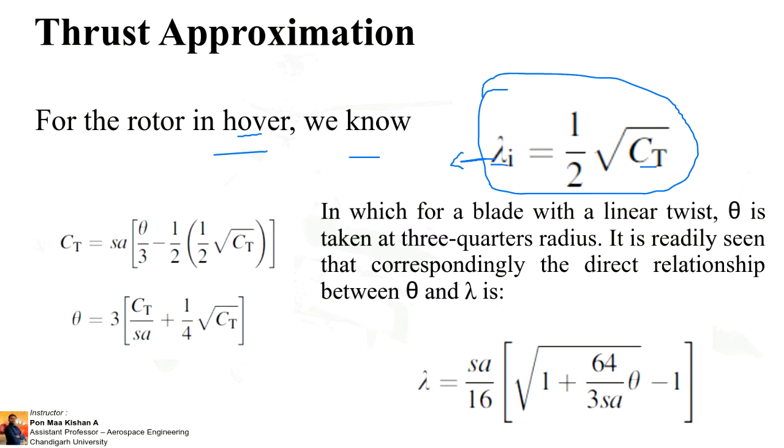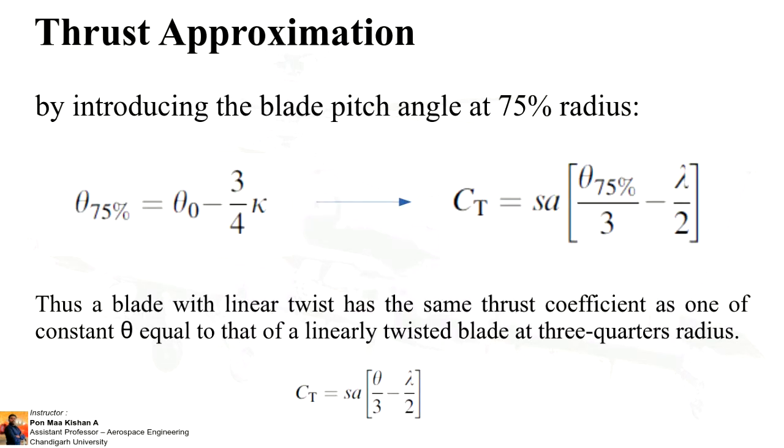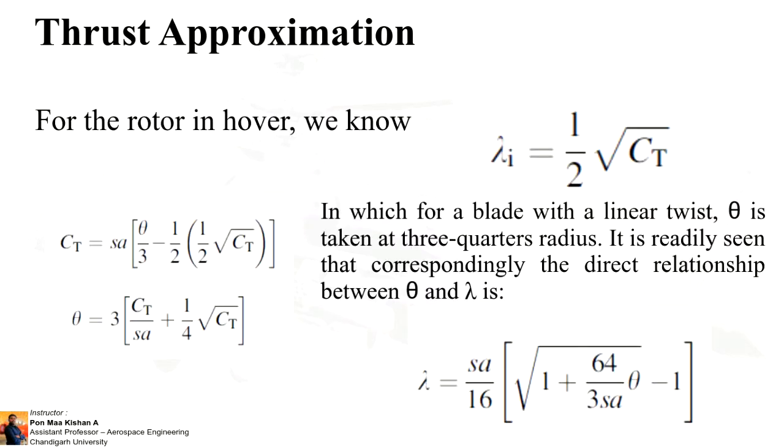So instead of lambda i in this equation, what can I substitute? Instead of lambda, I can substitute the square root of Ct by 2, so that's what I have substituted here.